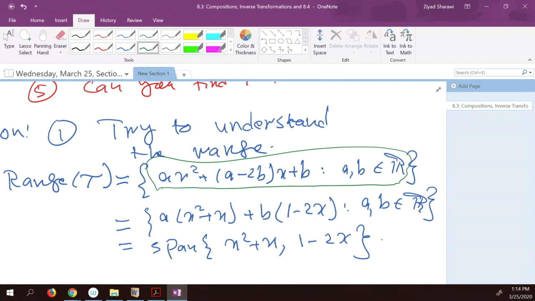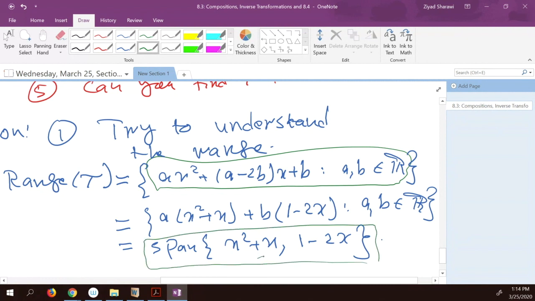So you need to understand this subspace. Well, this subspace here, if you just toy with it, you write it in this way: a into x squared plus x, and b into 1 minus 2x. And that is the span of those two vectors.